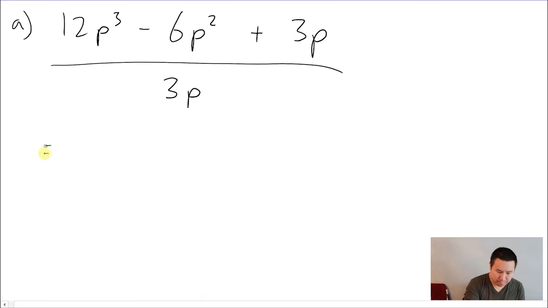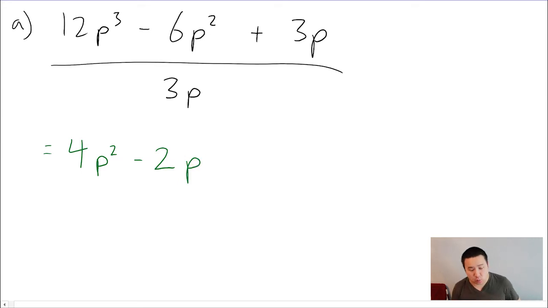Okay, so we learned from before that we just take each term and divide it by, in this case, 3p. Let's do that. 12p cubed divided by 3p is 4p squared. And then next is negative 6p squared divided by 3p. Negative 6 divided by 3 is negative 2. P squared divided by p is p.